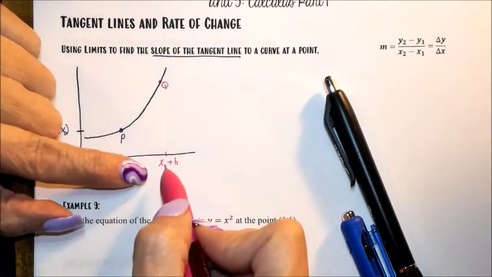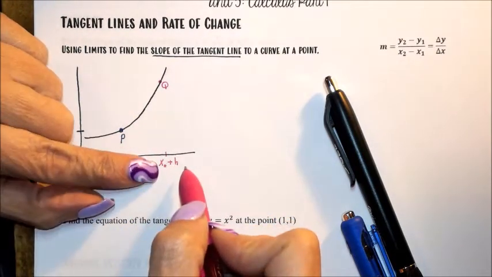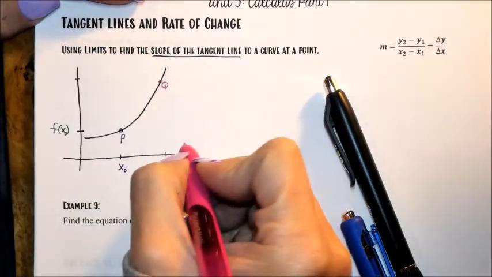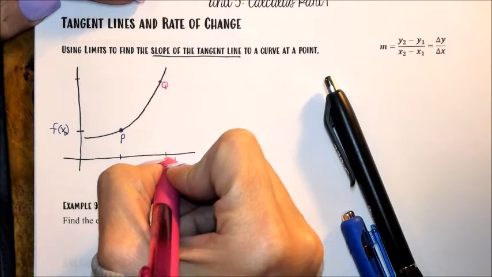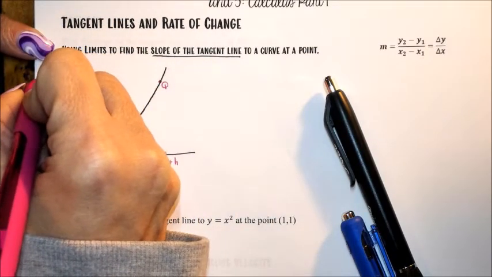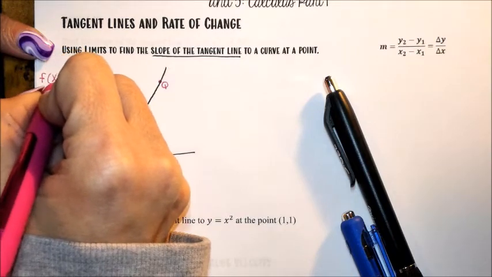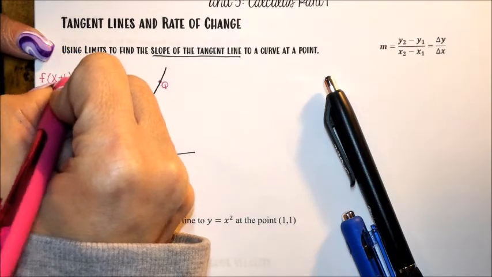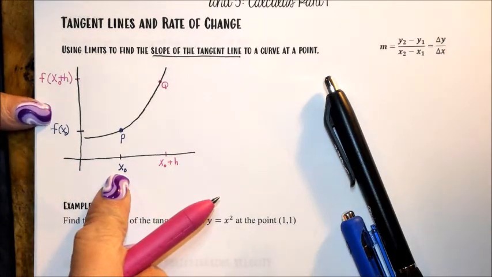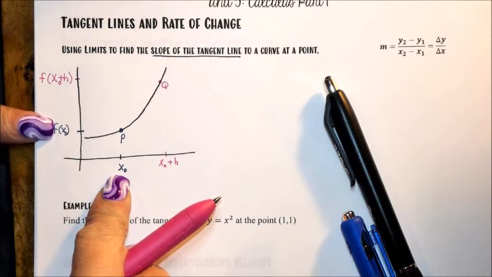Now, if this is X plus H, so whatever this value is, what would this value up here be? You would go over X plus a little bit, and to find up here, you would take f of that, and that would give you this. Just like this is over X, this is f of X. F of X and Y are the same thing.